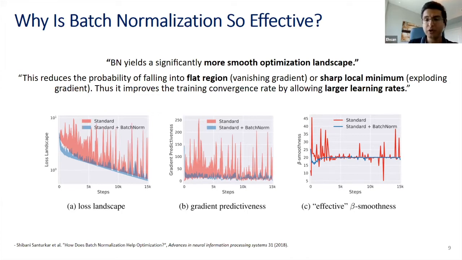But I've not seen any research comparing the effect of skip connections, which, as you mentioned, also smooth out the optimization landscape and, as a result, reduce the probability of vanishing gradient in our networks, and batch normalization. But that's a great research area to work on. Yeah, thanks for your question.